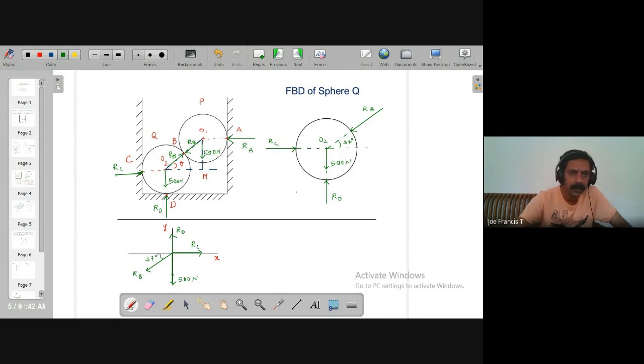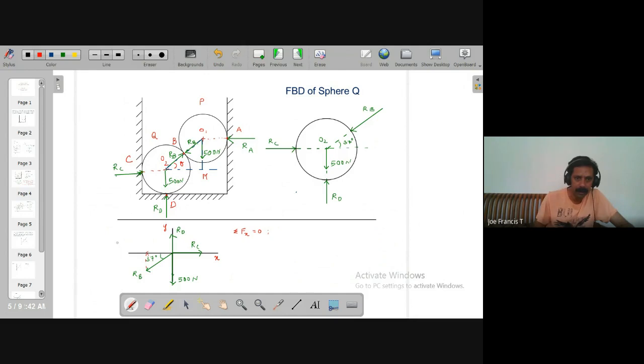Next, what we need to do is write equations of equilibrium again. Let's start with resolving forces in the x direction. So I write sigma Fx equal to 0. That is the first equation. Here you need to resolve RB.